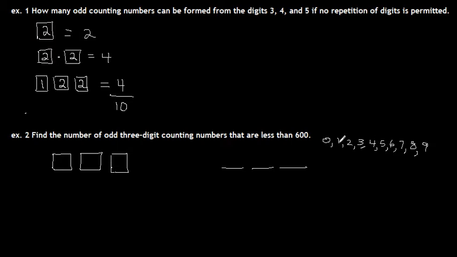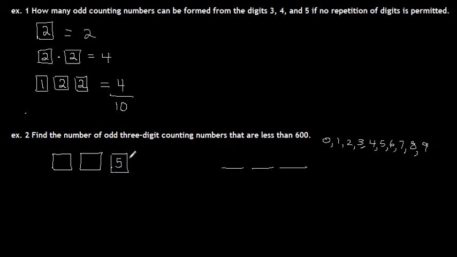So how many odd numbers do we have? 1, 2, 3, 4, 5. So there are 5 possible numbers that can go there. This one doesn't say that you can't repeat the digits, so you can repeat the digits. But only 5 can be used in this one.